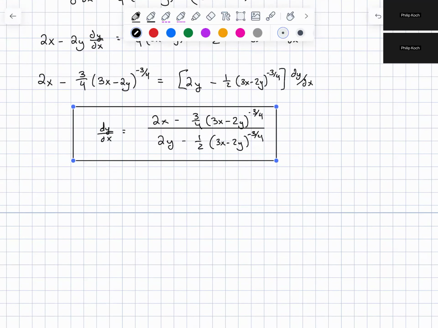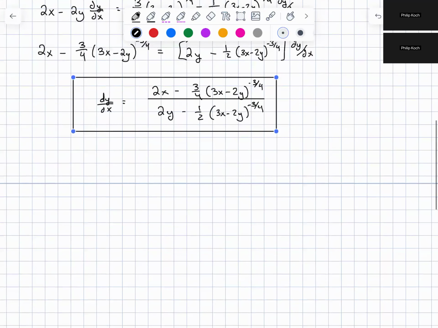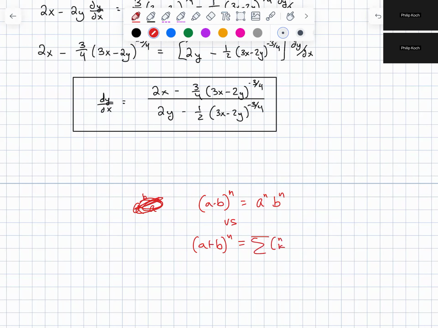So don't write this down, but just as a reminder, a times b raised to the n is a to the n, b to the n, versus a plus b to the n, that's going to be the binomial expansion with coefficients, a to the n minus k, b to the k, where k goes from 0 to n.